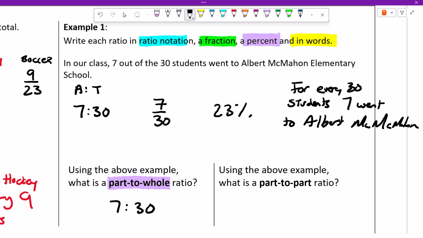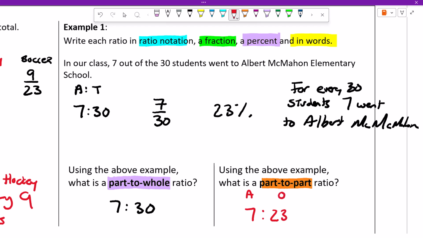But there's another version. That's called part to part, right? And that one works slightly different because you don't need a total, right? Sometimes it's nice not to know the total, but the other piece of information. If 7 went to Albert McMahon, what would the other part be? The other part would be the remaining kids. How many kids are left over? 23. 23 kids are left over.